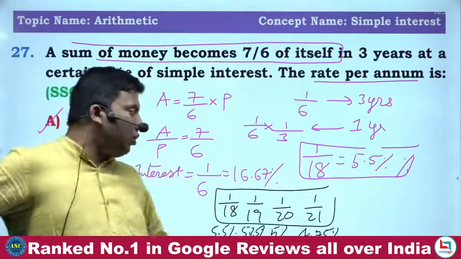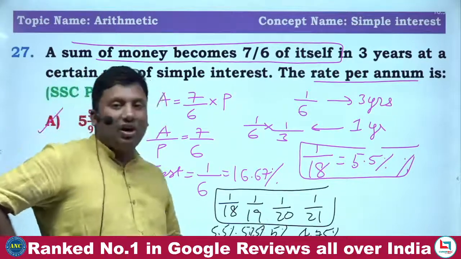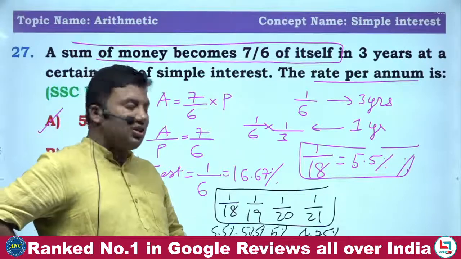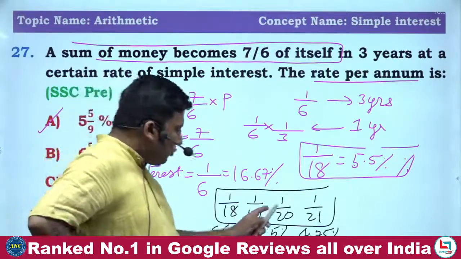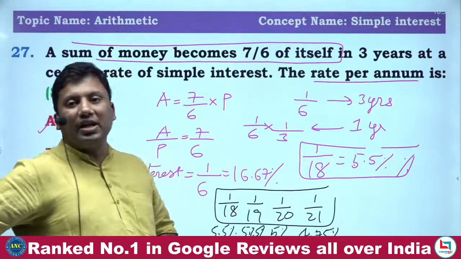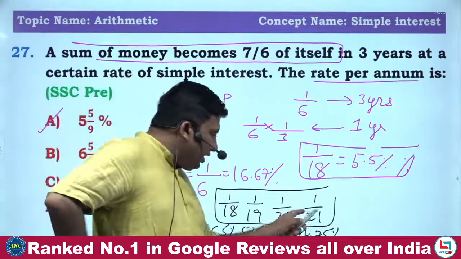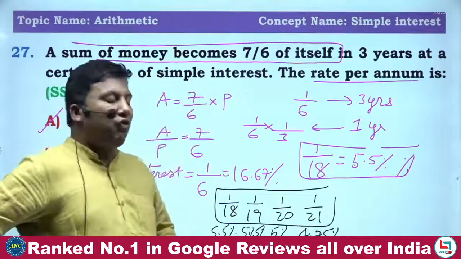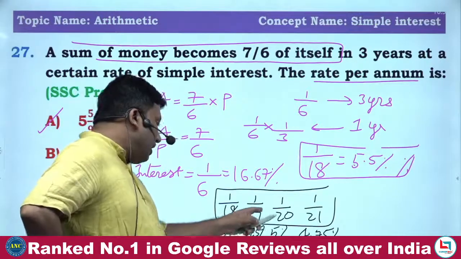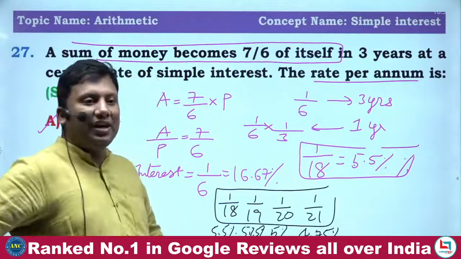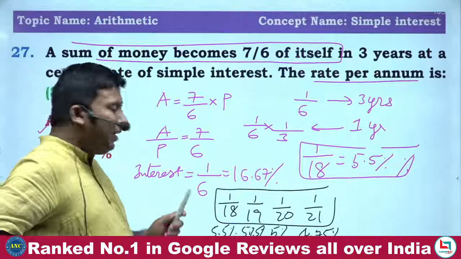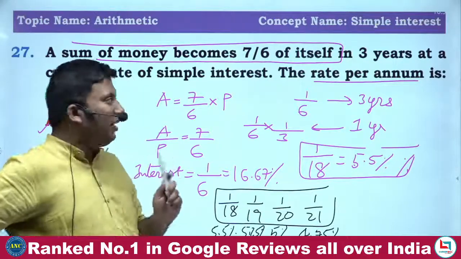These fractions go together with a deviation of plus or minus 0.25. 1 by 20, we know it is 5%. When the denominator increases, the value will decrease by 0.25 to 4.75. When the denominator decreases, the value will increase. I hope the idea is clear. 5, 4.75, 5.25 and 5.5.